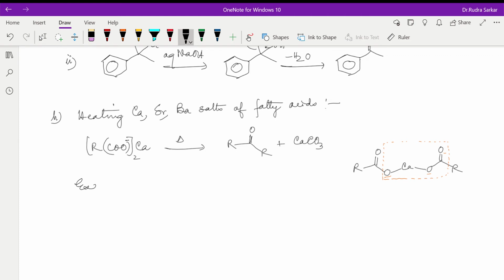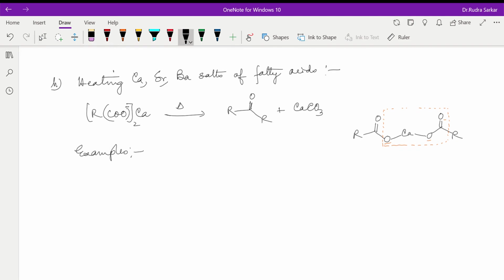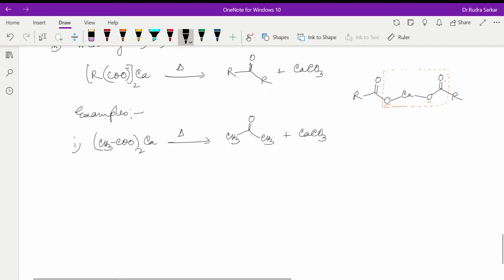So let's do some examples. Say I have given you CH3COO whole twice Ca. Then obviously keep in mind which is your R. Your R over here is CH3. So it should be CH3 C double bond O CH3, and the rest would be CO3.